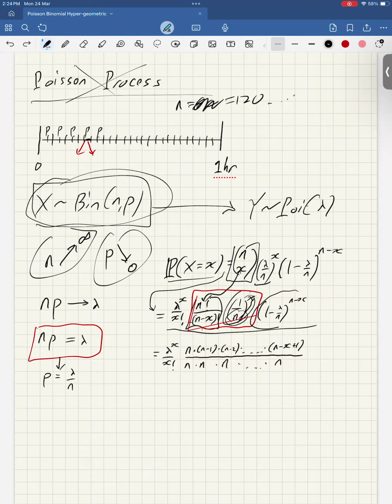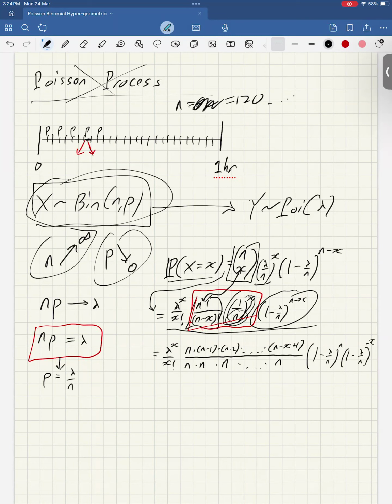And we still have further. Let's now break this 1 minus lambda over n to the power n minus x. Let's write it as 1 minus lambda over n to the power n, multiplied by 1 minus lambda over n to the power minus x.